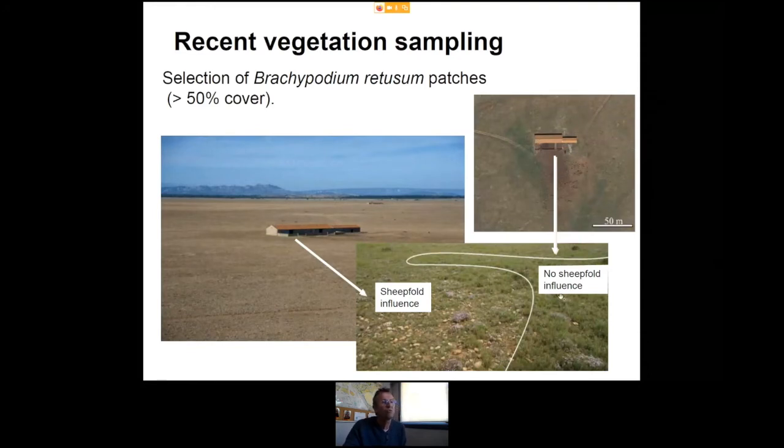So we decided to do our recent inventories in areas without the influence of sheepfolds. And in general, these areas are characterized by the dominance of an herbaceous species, Brachypodium retusum. And so we decided to do our inventories in areas where we've got the same abundance-dominance coefficients, to be sure that, okay, it's not the precise location at the square meter, but the vegetation looks alike.